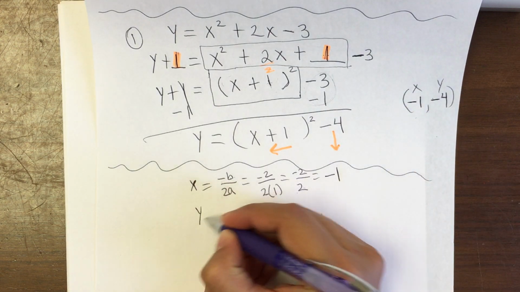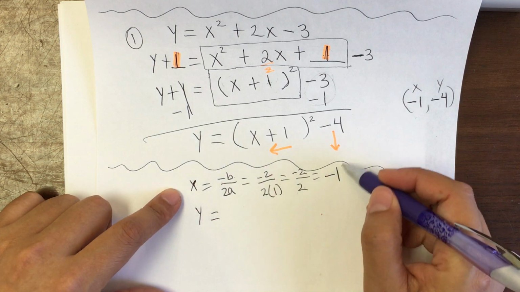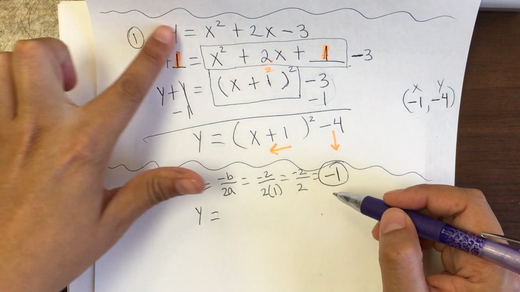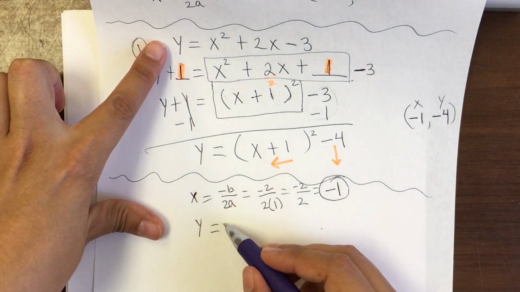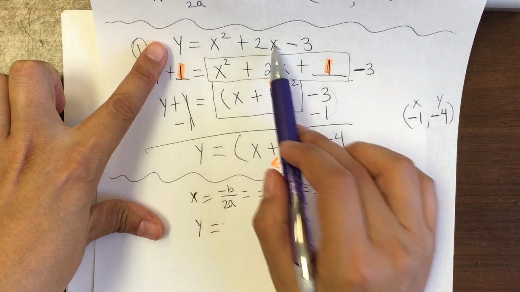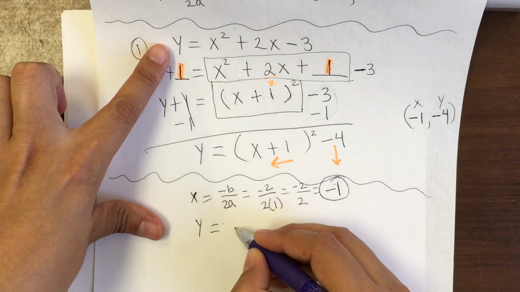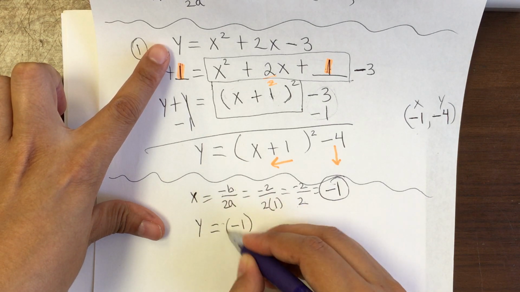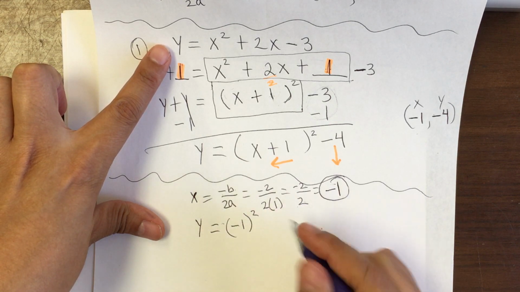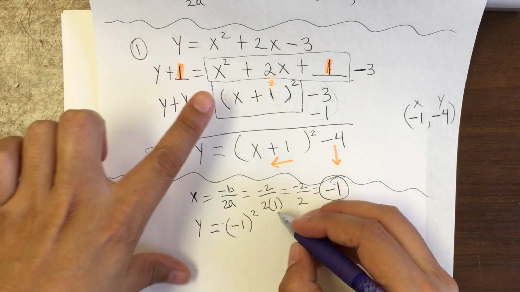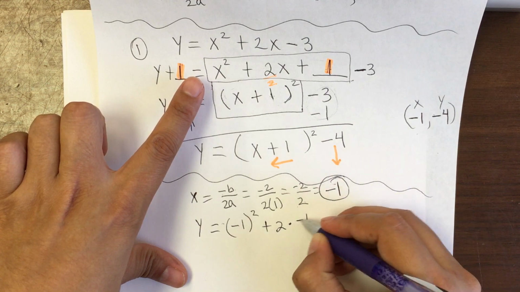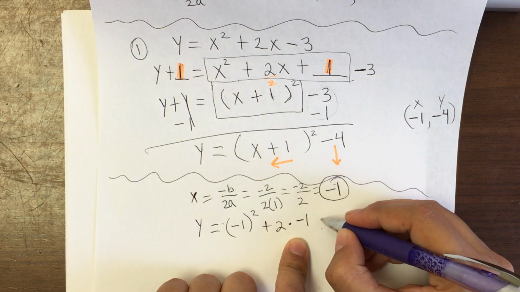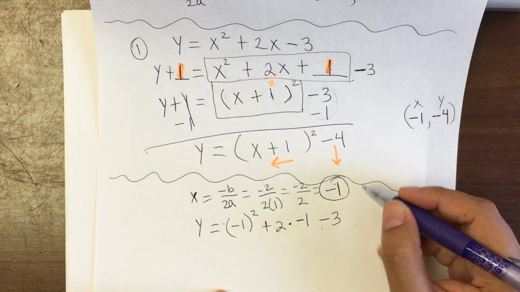For y, we replace this value in the original quadratic equation and replace every x with this value. So x squared would be -1 squared. Remember that because we're squaring it, we need to put it between parentheses, plus 2 times -1 minus 3.